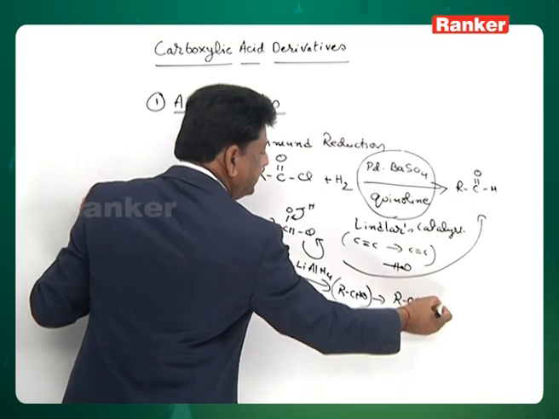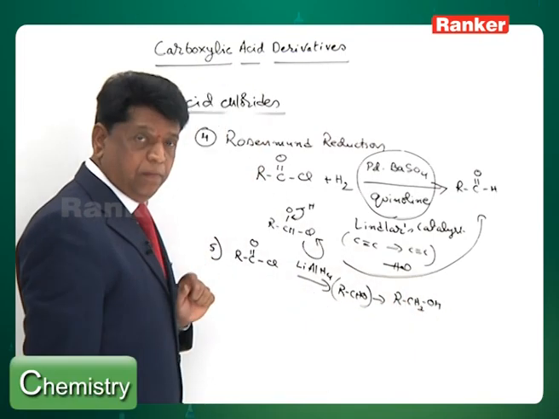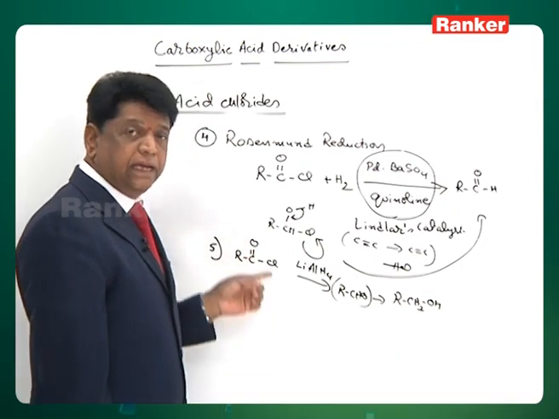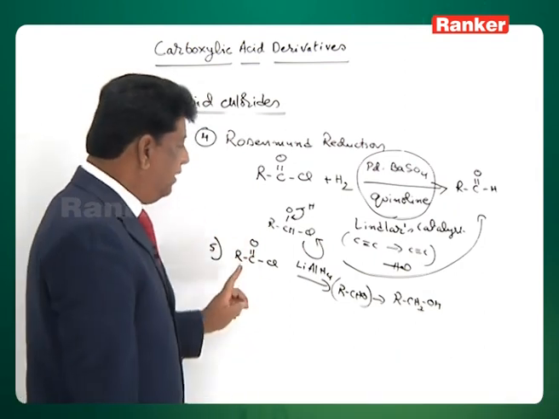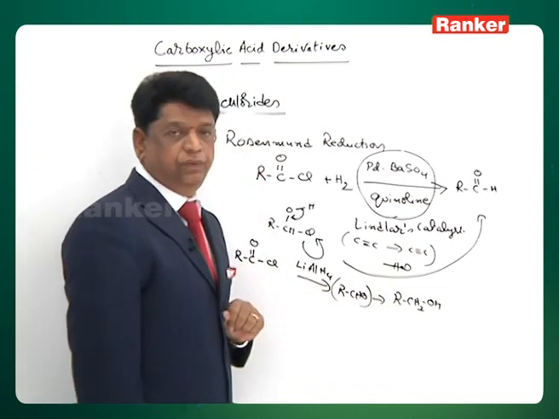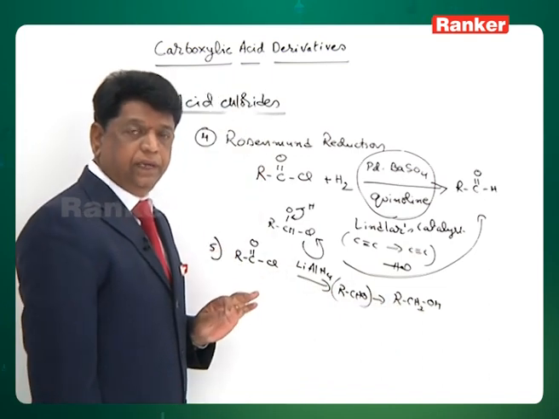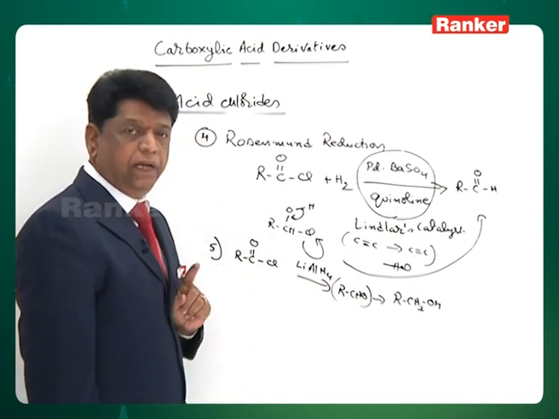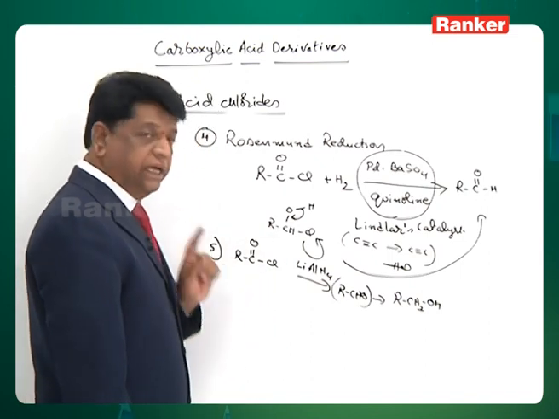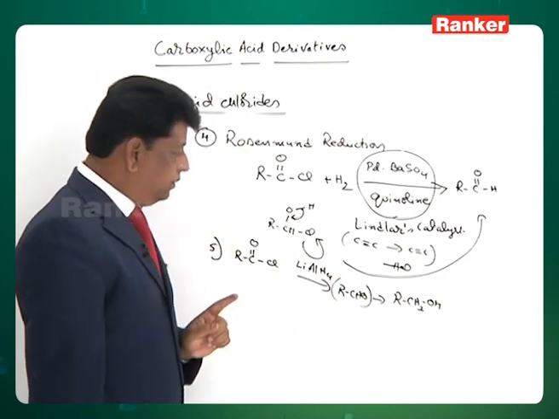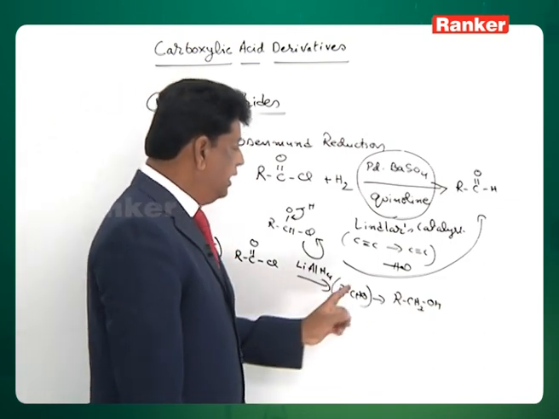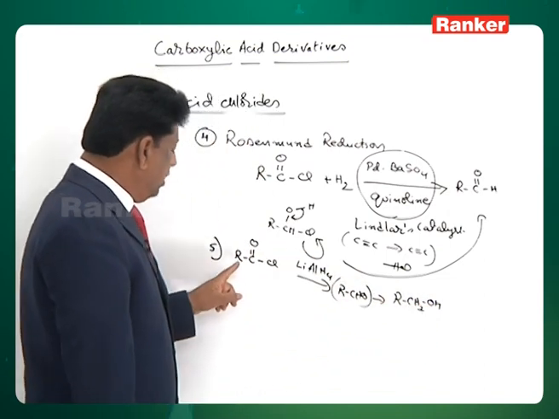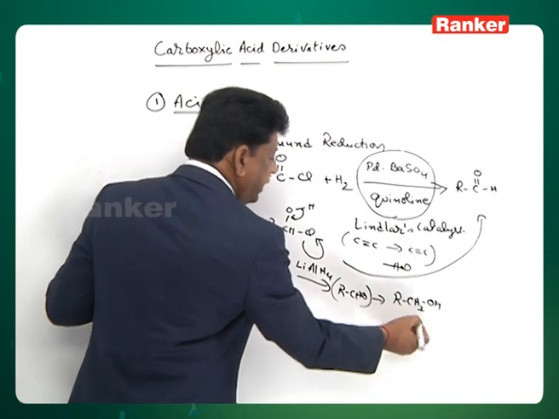In fact, in this type of reduction, other compounds like carboxylic acid, we have seen acids, acid chlorides, acid anhydrides and esters, all 4 compounds will give this, except the last derivative, that is acid amides, with lithium aluminum hydride they will give 1 degree amine. There also we discussed NH2 is a poor leaving group, therefore, it will not leave and it will stay back in the form of 1 degree amine. So, all these will be reduced to 1 degree amine.